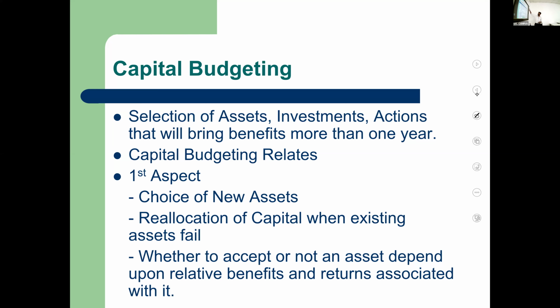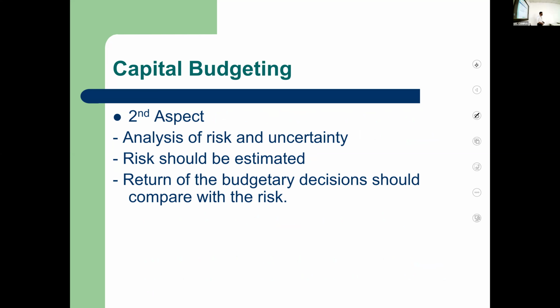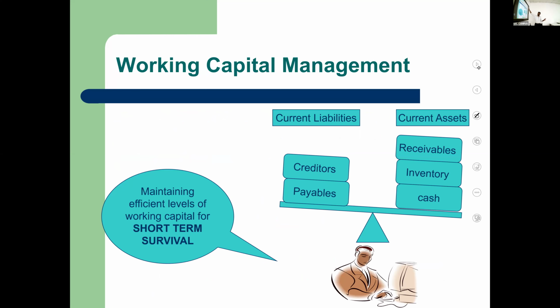That is the one aspect. The second one, you should analyze the risk and the uncertainty of that investment. So make sure you write these things. Clear? What is the fourth one? Only three? Then okay.